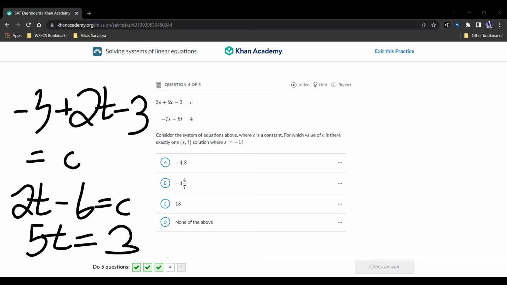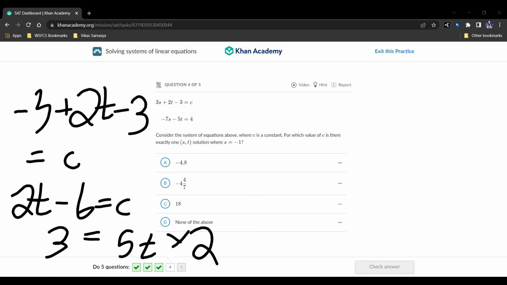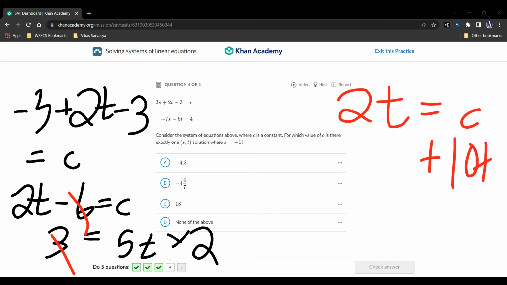So we can write this as 3 equals 5t. And then multiply this by 2 and add it up. And that way we eliminate this and we eliminate that. And we get that. Then we have to add on 10. So we get, and then we subtract this out and we get negative 8t equals c.